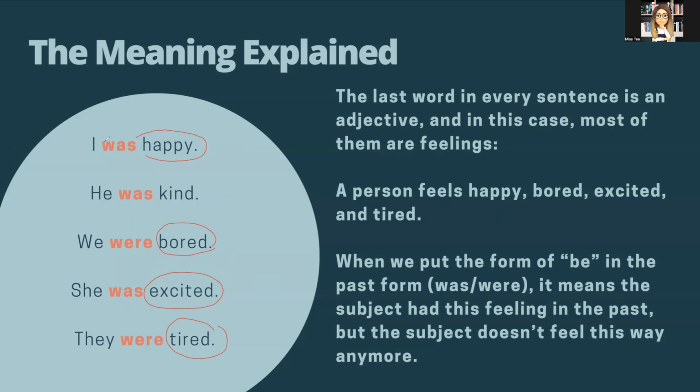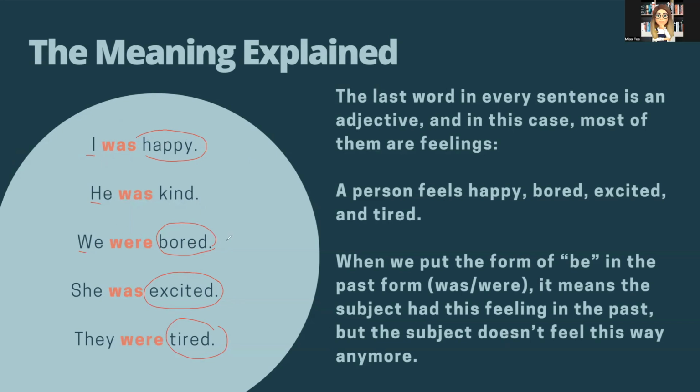And so when we put this form of be before the adjective or before the feeling, it means that the subject had this feeling in the past, but the subject doesn't feel this way anymore. So I was happy sometime in the past, but now I'm not happy anymore.